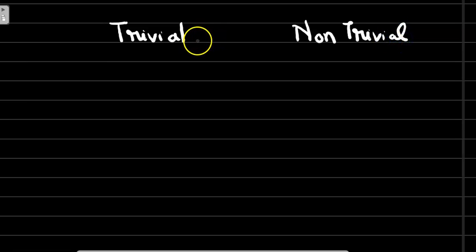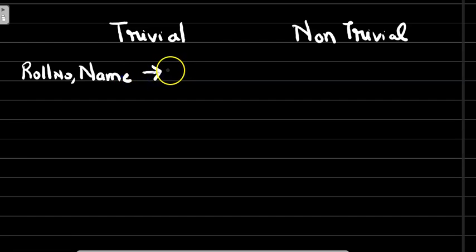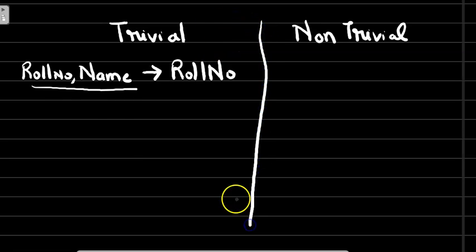So basically in trivial FDs, it means you have the roll number of the student and the name of the student. So basically it means that you know the roll number of the student. So if you know the roll number and the name, that means you know the roll number of the student.